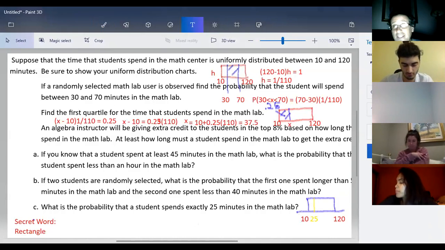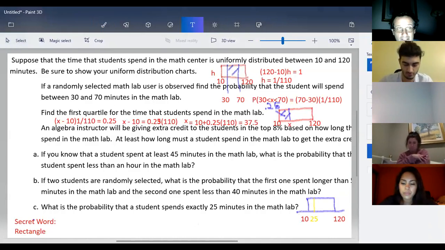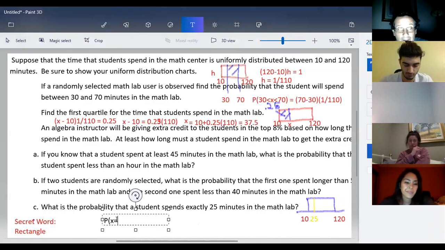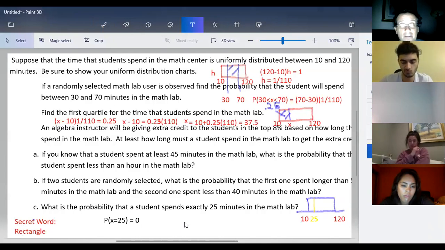So for part C, very easy question, because the probability, let's do it in a different color now. Black works. Probability that X is exactly equal to 25 is equal to 0. In fact, the probability that X is exactly equal to any number will be 0. Anytime you have a continuous random variable.